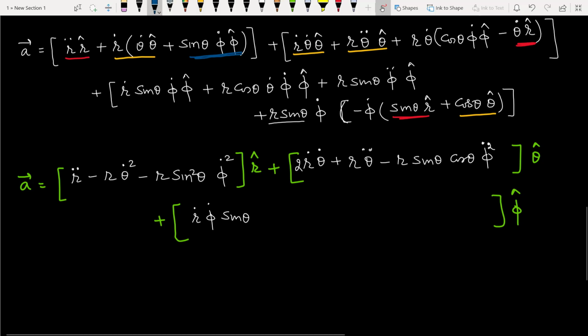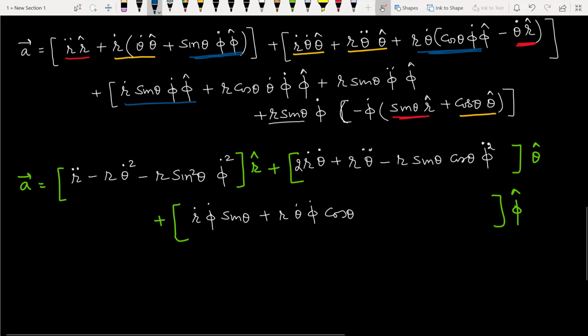Next term, this one, r theta dot phi dot cos theta.